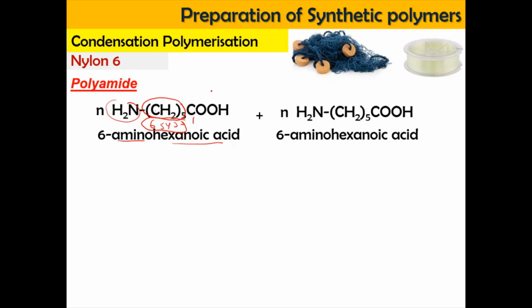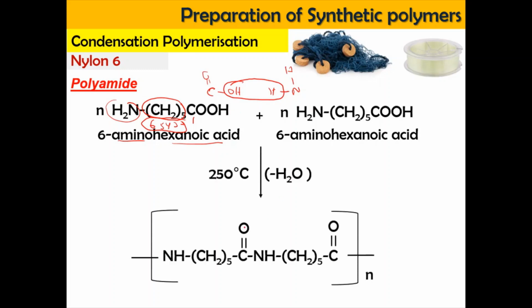So what's going to happen here is that the same process happens, where it's going to undergo condensation, where the OH and hydrogen are going to be removed, and this is going to produce water. And the C double bond O and NH of another molecule are going to be connected together. Okay, so the C double bond O, NH is going to be formed. And the OH and H here are going to be removed as the byproduct of water.